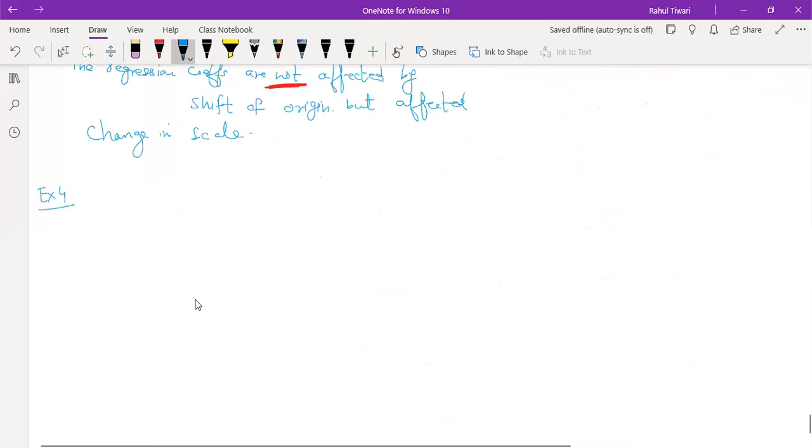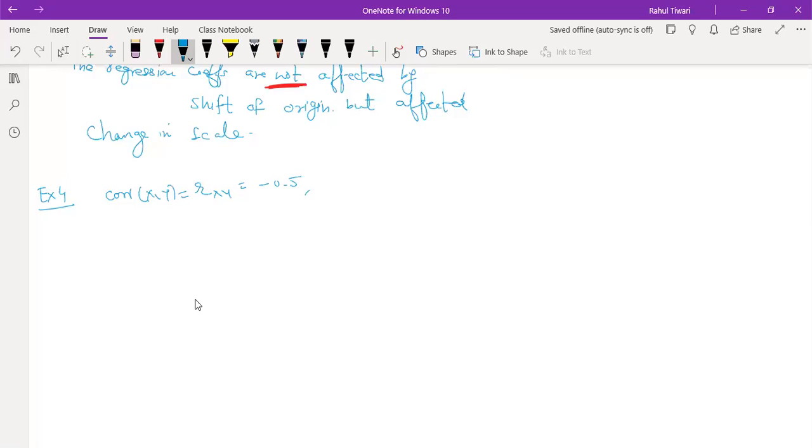For example, you know that the correlation between x and y, I will say r x and y, let's say is minus 0.5. Correlation between x and y is this.